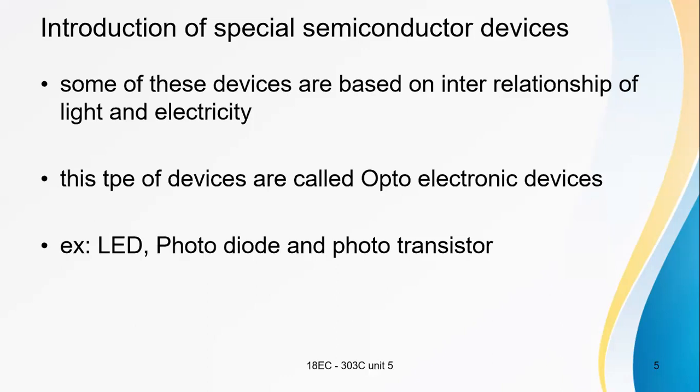If any device is related with light, then those devices are called optoelectronic devices. Examples of these optoelectronic devices are LED, light emitting diode, photodiode, phototransistor, and photovoltaic cell, that is the solar cell. All are examples of optoelectronic devices.